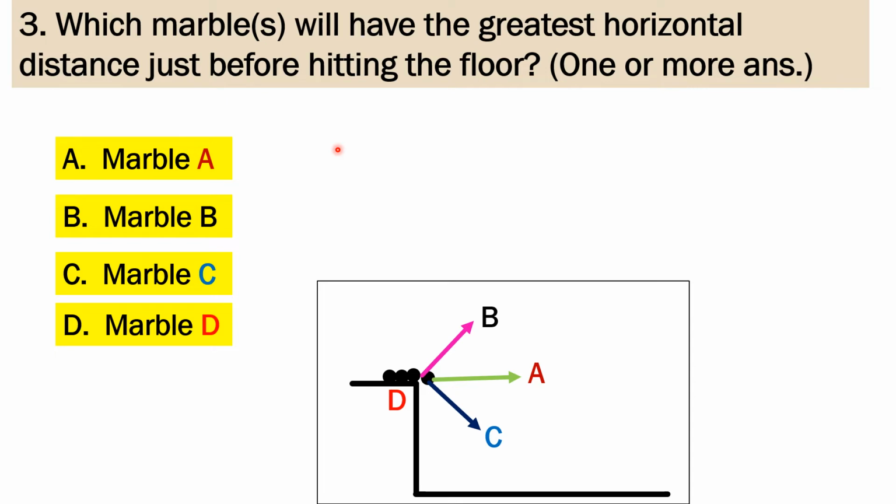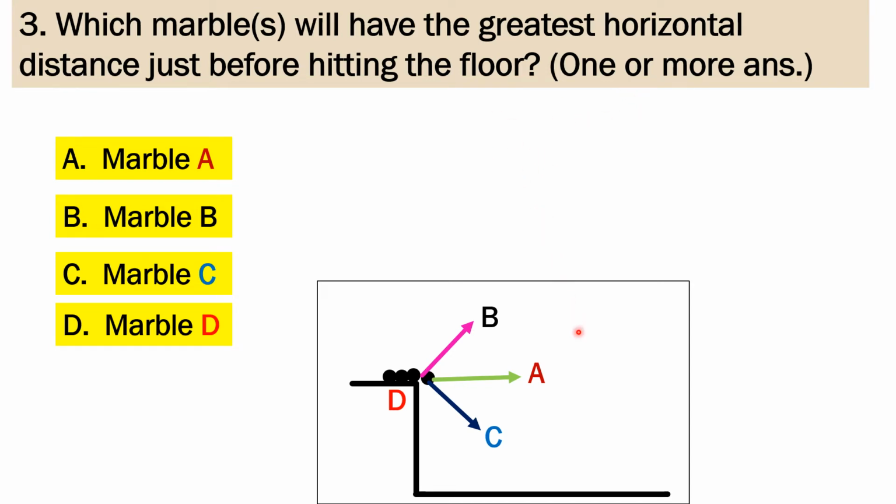Horizontal distance meaning the range, or the distance from the foot of this elevation, whatever it is, table or whatever, to the point where each marble strikes. So we expect one or more answers again.